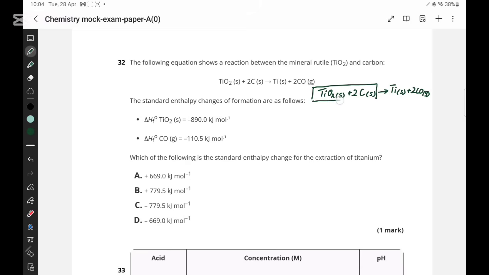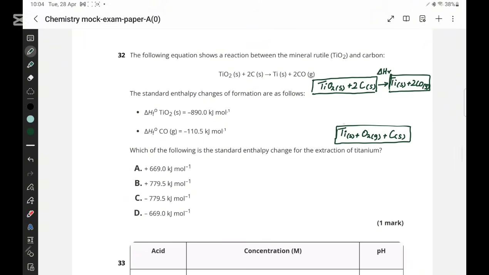So we need to find the enthalpy of reaction here, and here I am going to put the elements: titanium in solid state plus oxygen in gas form plus carbon in solid state, and we have enthalpy of formation for TiO2. So I am going to put an arrow from here to there. It is going to be minus 890. And then for carbon monoxide, I have to move from this point to this point, but here I am going to multiply 2 with minus 110.5, and I have to find out the enthalpy of reaction.